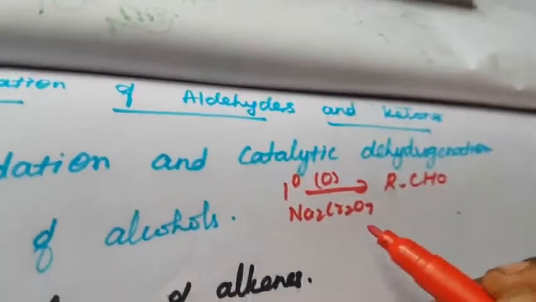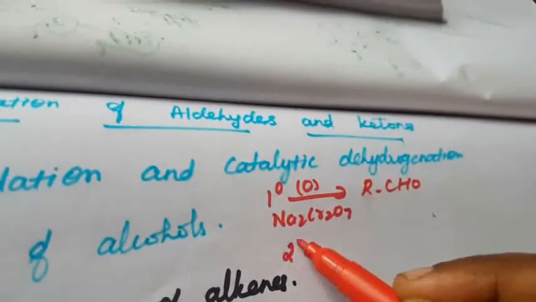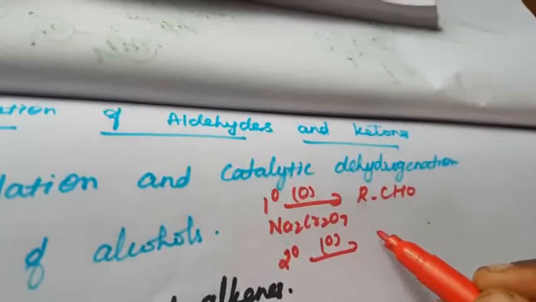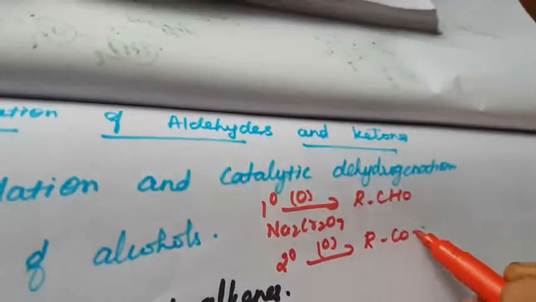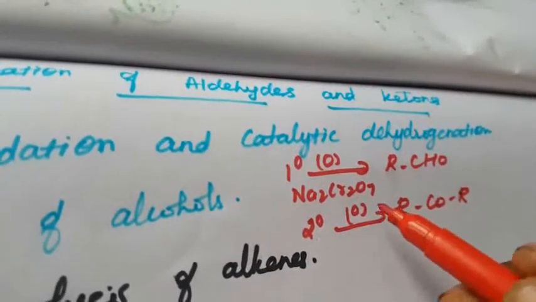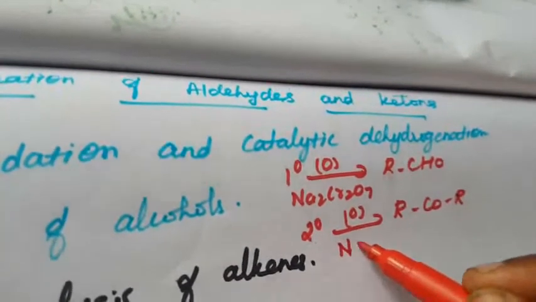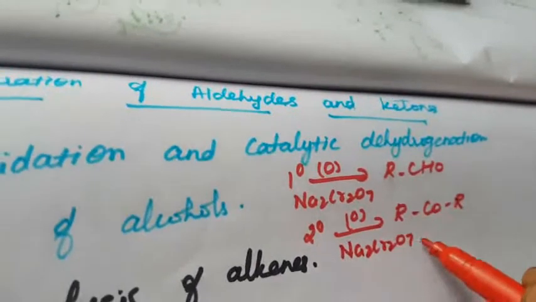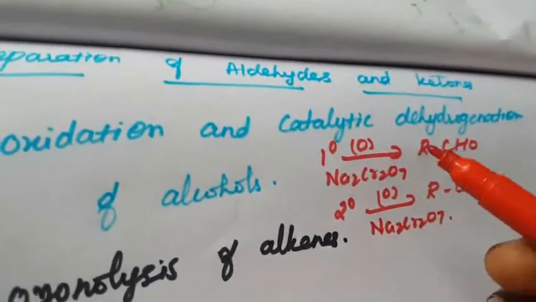Primary alcohol is converted into aldehyde. Secondary alcohol is oxidized to form ketone, RCOR. We already studied these.